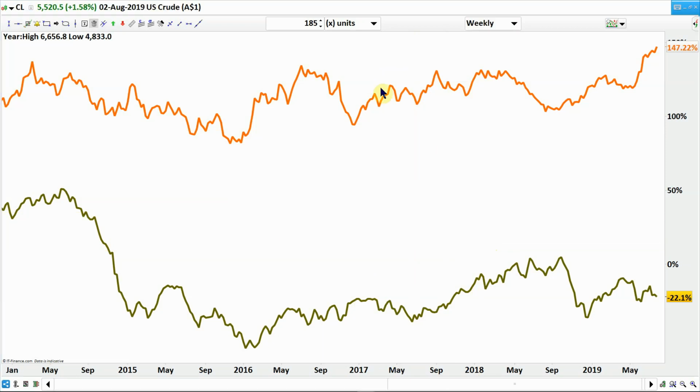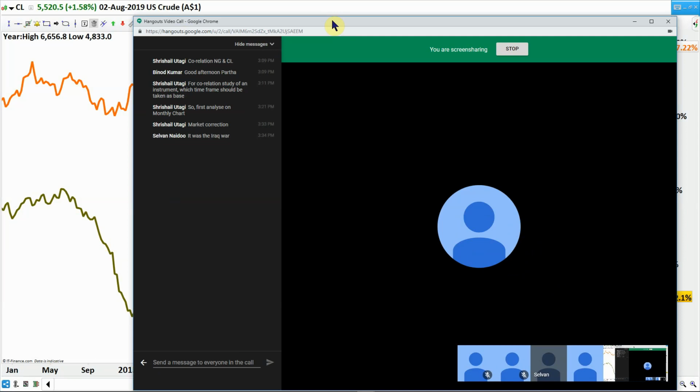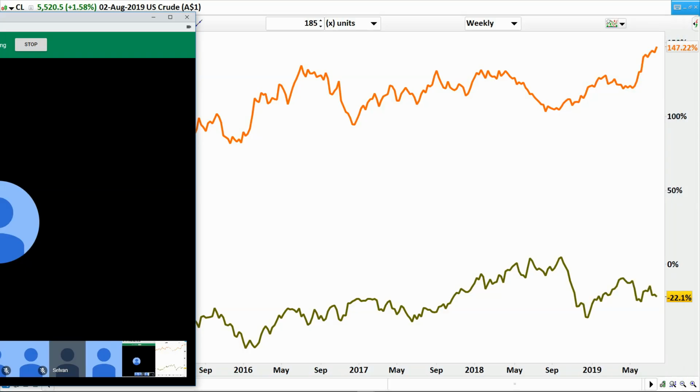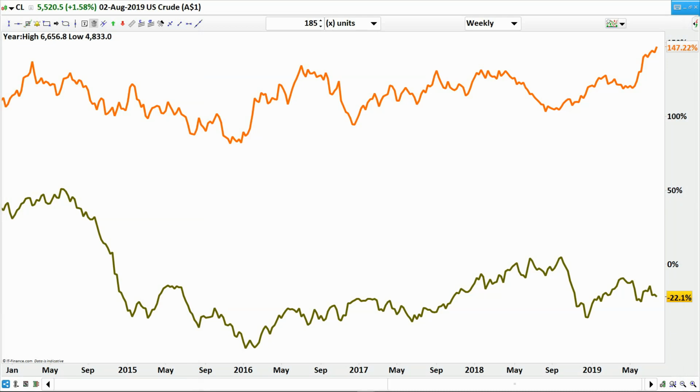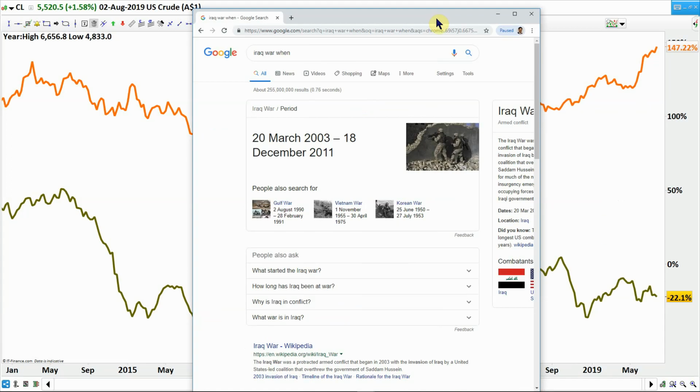So Selvan says it is the Iraq war. Sri says market correction. Iraq war, was it? I don't remember the Iraq war. I'm not sure if it was Iraq. Iraq and Iran, is it? Iraq and America were looking for Saddam, weren't they? No, I think it happened in 2003, from 20 March 2003 to 18 December 2011.